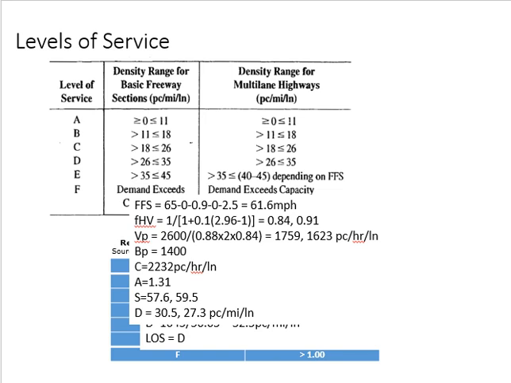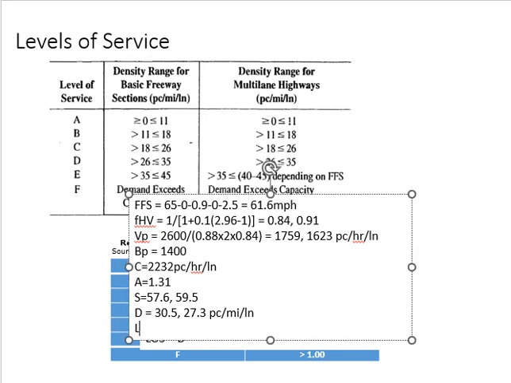So the level of service in both cases is D. There was an effect of gradient on the free flow speed, or on the speed and the density, but the effect was not so much. So we are still in the same traffic condition. Any questions?